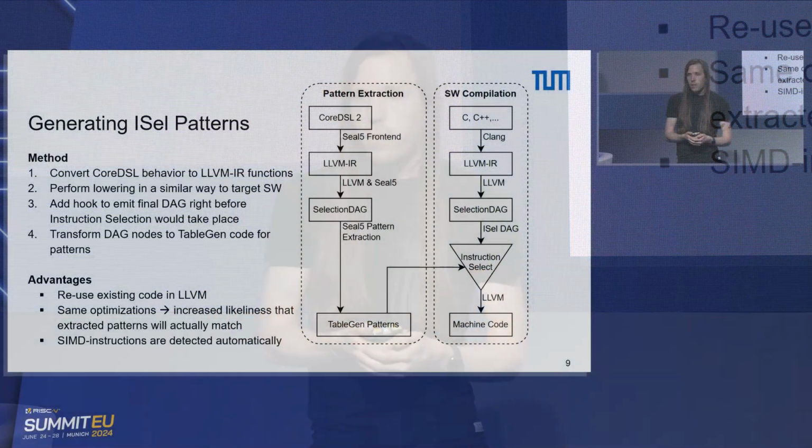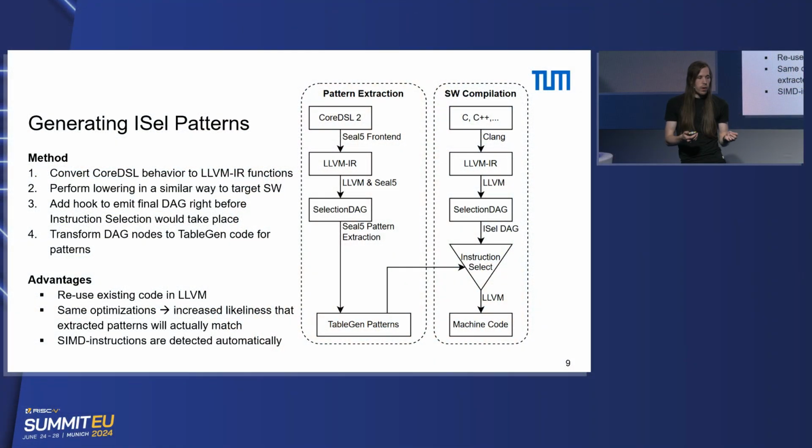And finally, by making use of LLVM and all the optimization passes, SIMD instructions can also be detected automatically, and we can generate SIMD patterns, even if core DSL has no notion of vectors at all.